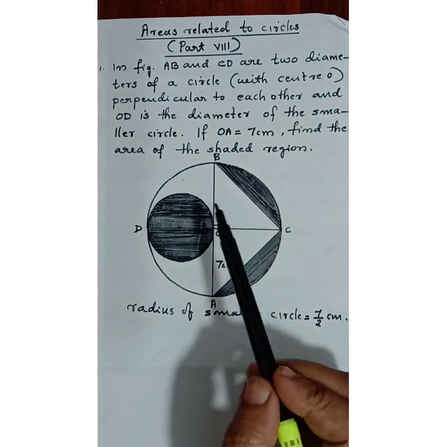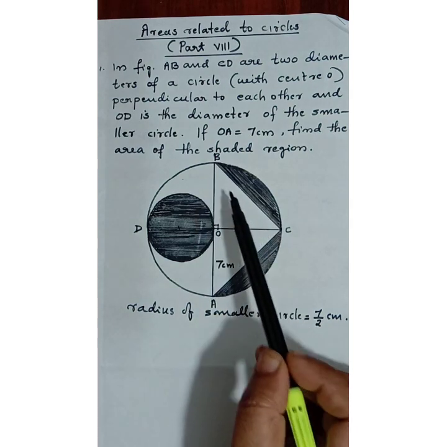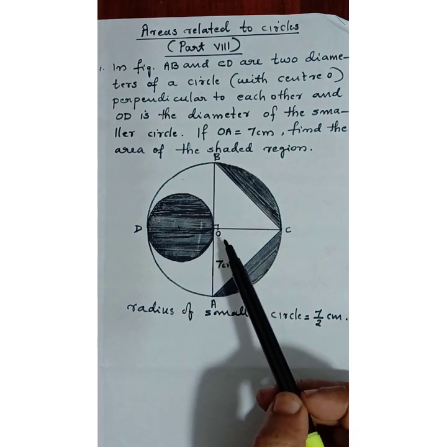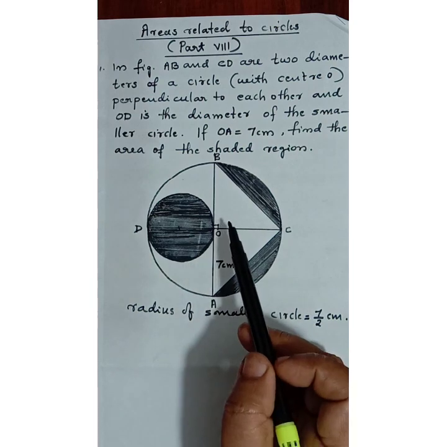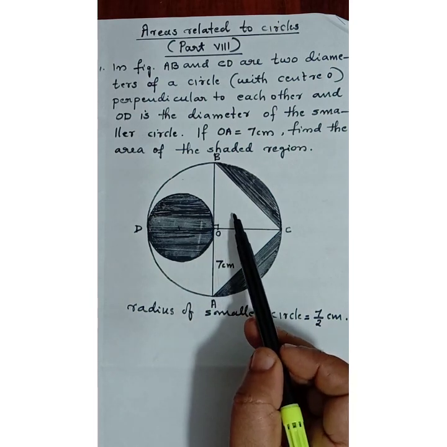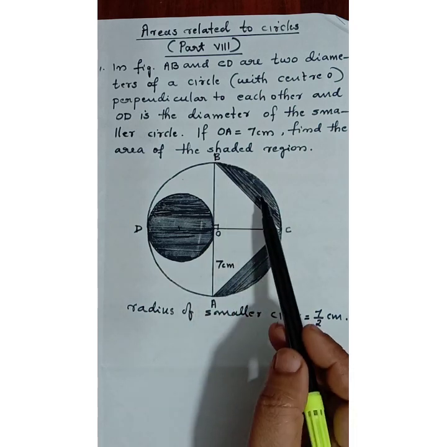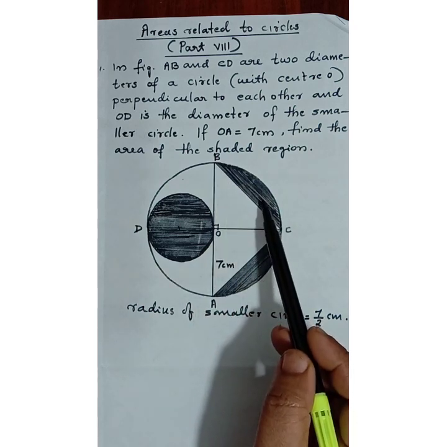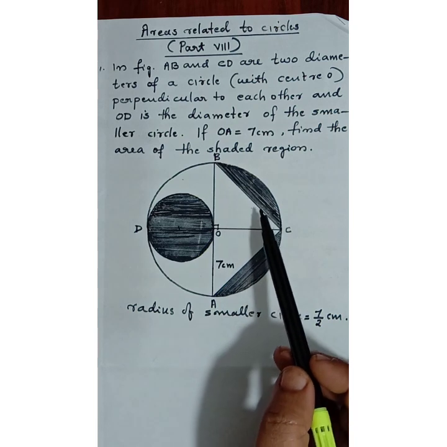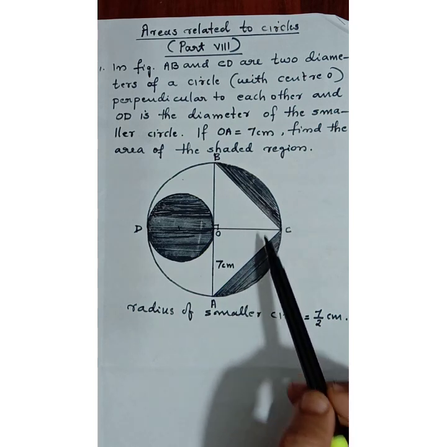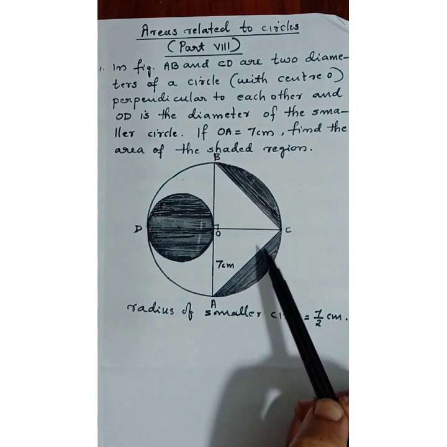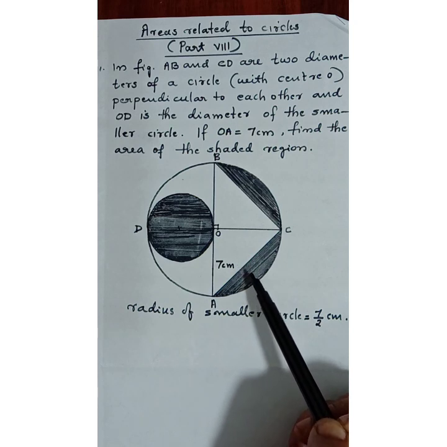Therefore, triangle BOC is a right triangle. So we can subtract the area of the right triangle from the area of the sector. Therefore, we will get the area of the segment. Then we have to multiply by 2 so that we get both the segments' area.